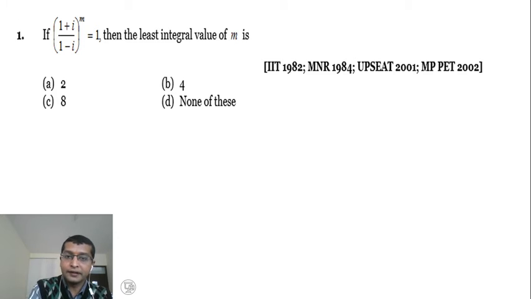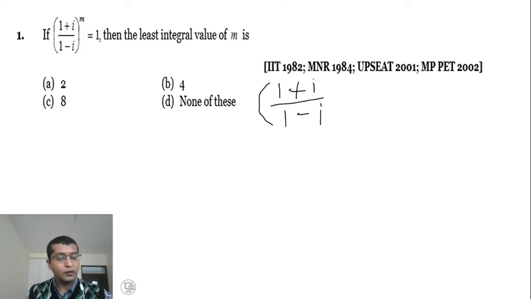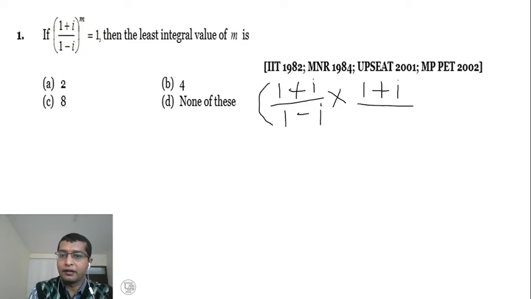Here I take the given expression (1 plus i) divided by (1 minus i). Now for the denominator's conjugate, we have to multiply and divide by it. So it is multiplied by (1 plus i) divided by (1 plus i).